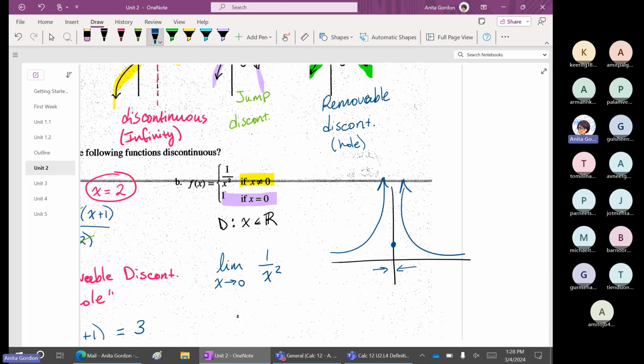So around 0, the function is 1 over x squared. We have the left-hand limit and right-hand limit both going off to positive infinity, but they do not equal the function value.